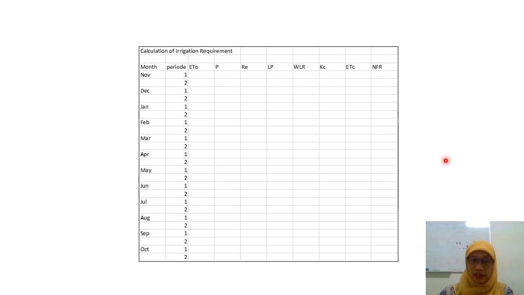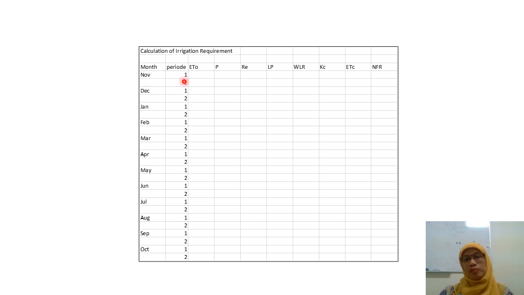In the next sheet, the calculation sheet, you will see the sheet like this. We have a month and the period, because the calculation of irrigation requirement in Indonesia is usually conducted in a period of half monthly.